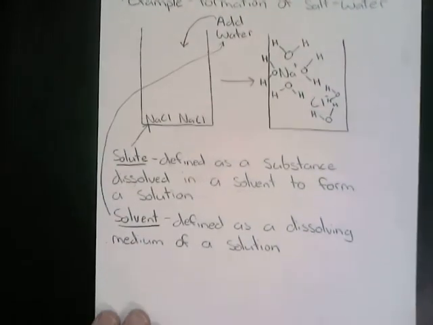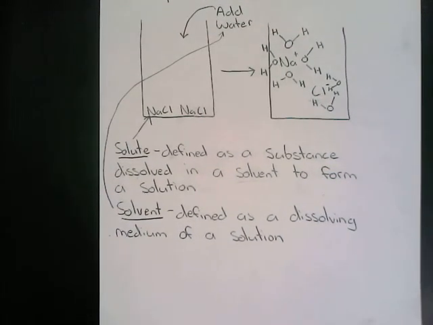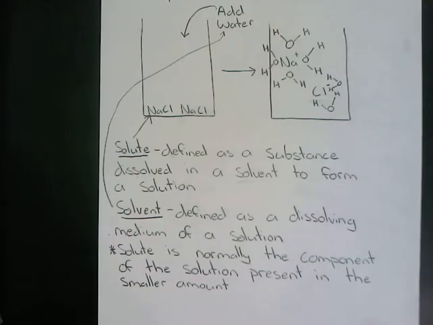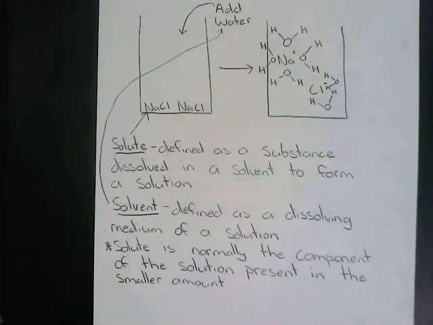And now a really key thing to keep in mind is this. The solute is normally the component of a solution present in the smaller amount. This means here that the solvent is normally the component of a solution present in the greater amount.